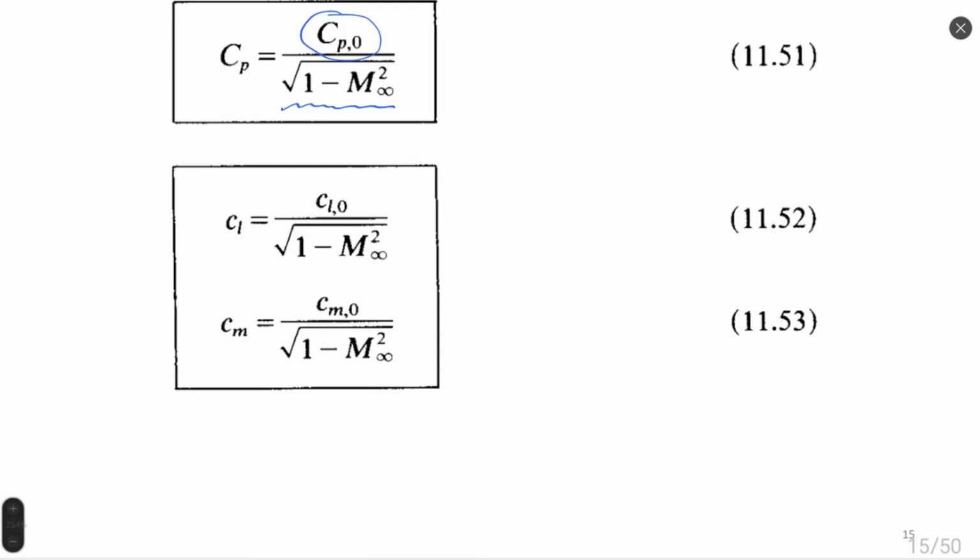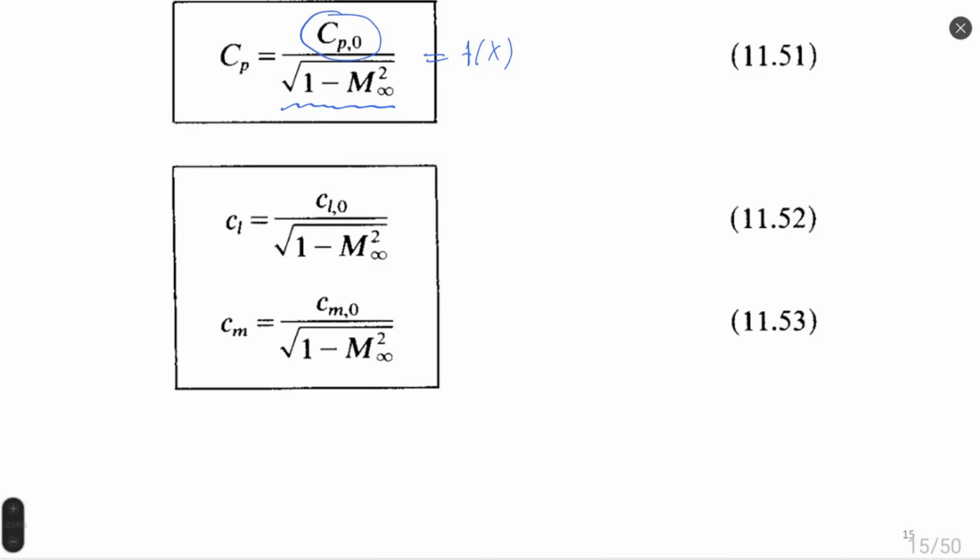I would like to remind you that pressure coefficient is a distribution over points. It's not just one value, right? It's a function. Cp is a function of coordinate on the upper and lower side.